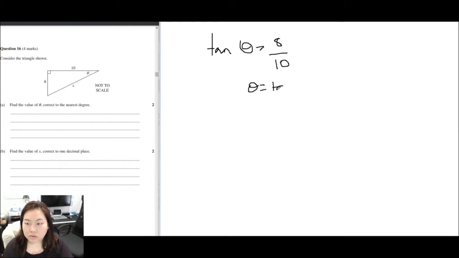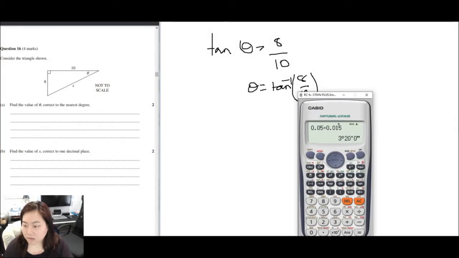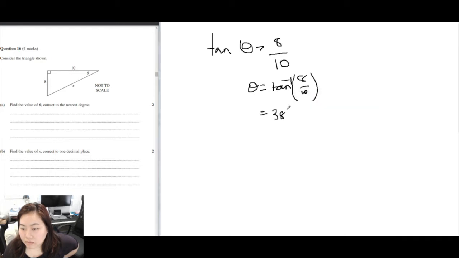Theta is equal to the inverse of tan. To the nearest degree, that would be 39 degrees, but the way you would write that would be 38.39, 35, 31. Did I get that?